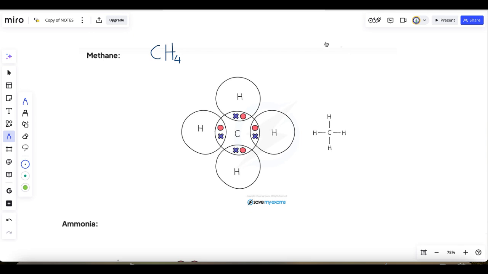So if you want to draw it, you draw C. Then you draw 1 hydrogen atom to the top, another hydrogen atom to the right, another to the left, and another to the bottom. So this is what methane is.